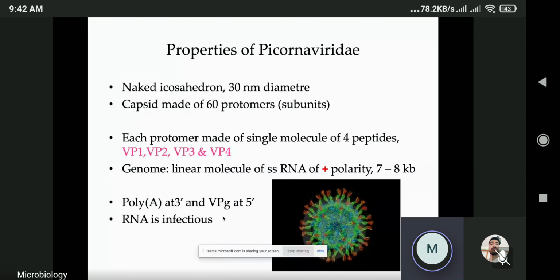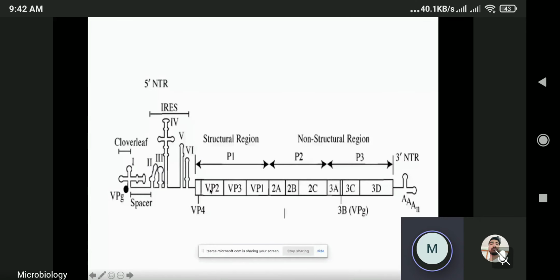Since they are RNA viruses which contain positive-sense single-stranded RNA with a very small genome size, only 7 to 8 kilo base pairs. Okay, so this is the genomic structure that contains the structural regions that code for these viral proteins VP1 to 4, and some non-structural regions that code for some regulatory enzymes and all those things.